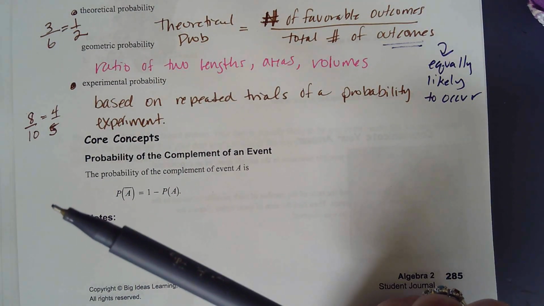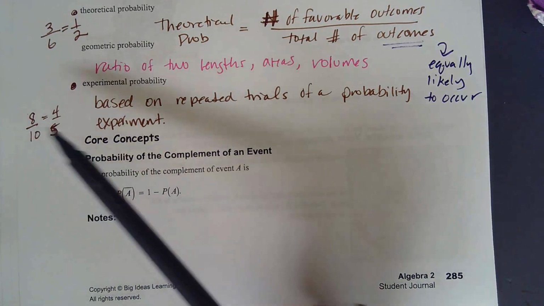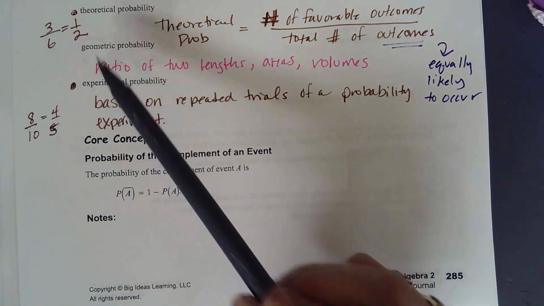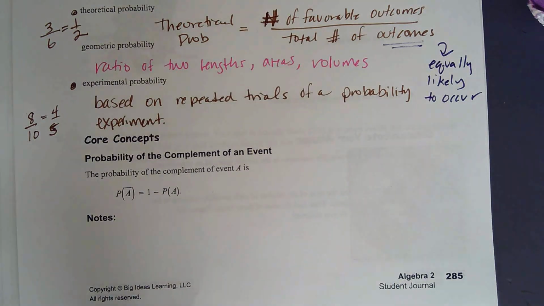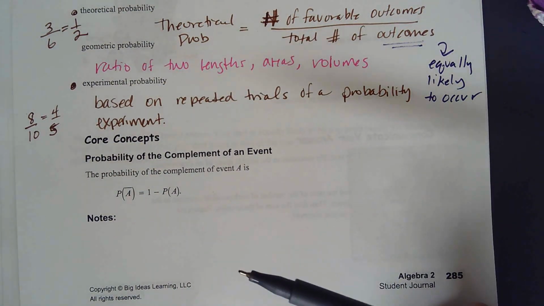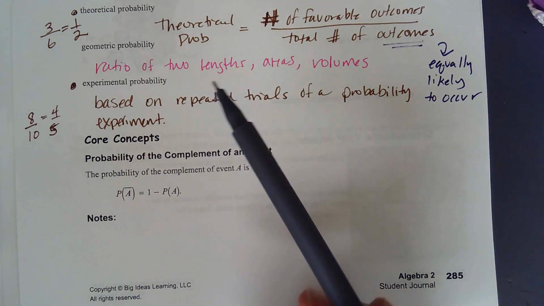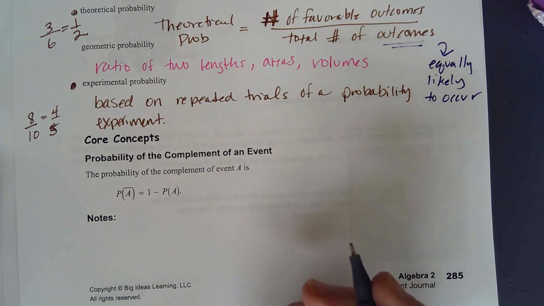In general, the more times you do an experiment, so let's say instead of rolling the die 10 times, you rolled it 100 times, the closer the probability will get to the theoretical probability, because over time all that error and chance averages out. What you need to know about experimental probability is that it's based off of an experiment or a trial.